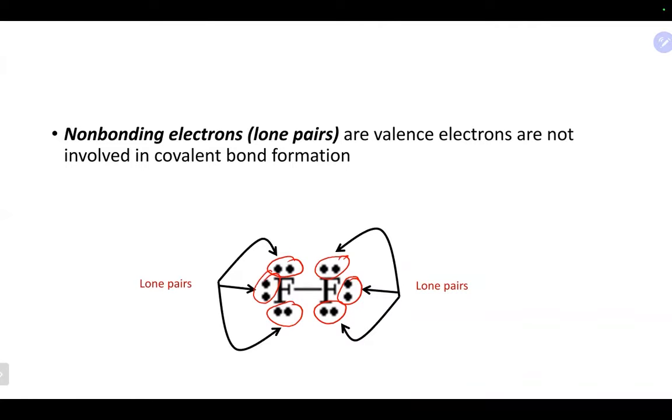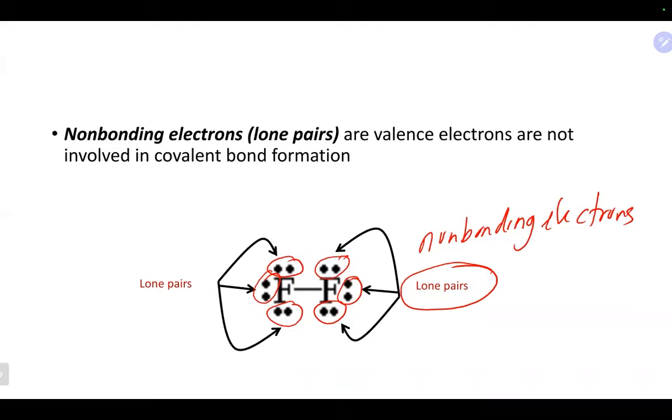There's nothing there. So they are what are referred to as non-bonding electrons. Most books use non-bonding electrons these days. If you're old and decrepit like me, I use lone pairs, and some people still use lone pairs. So every time I say lone pairs, it is the same as non-bonding electrons. Those are electrons that are not involved in bonding.